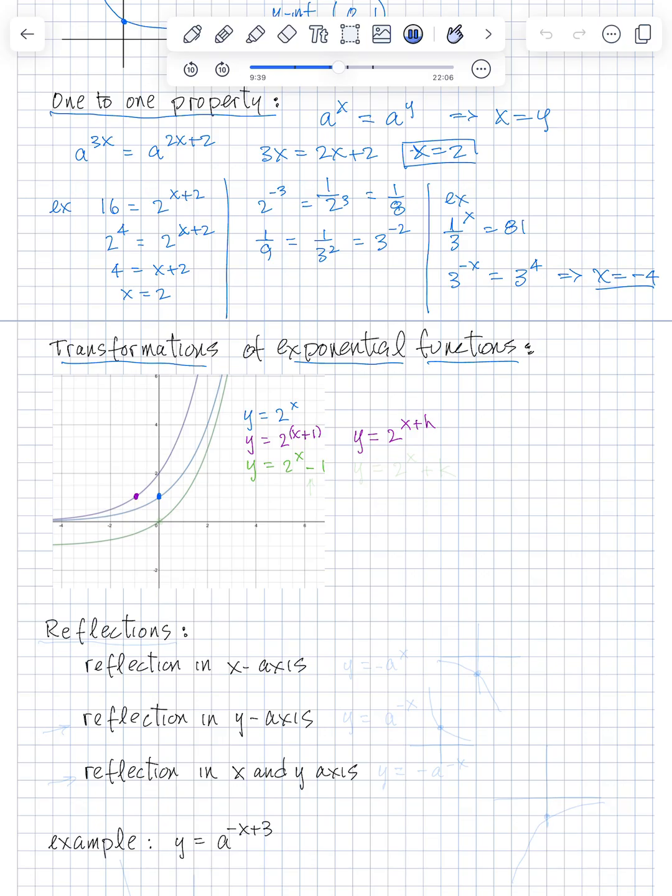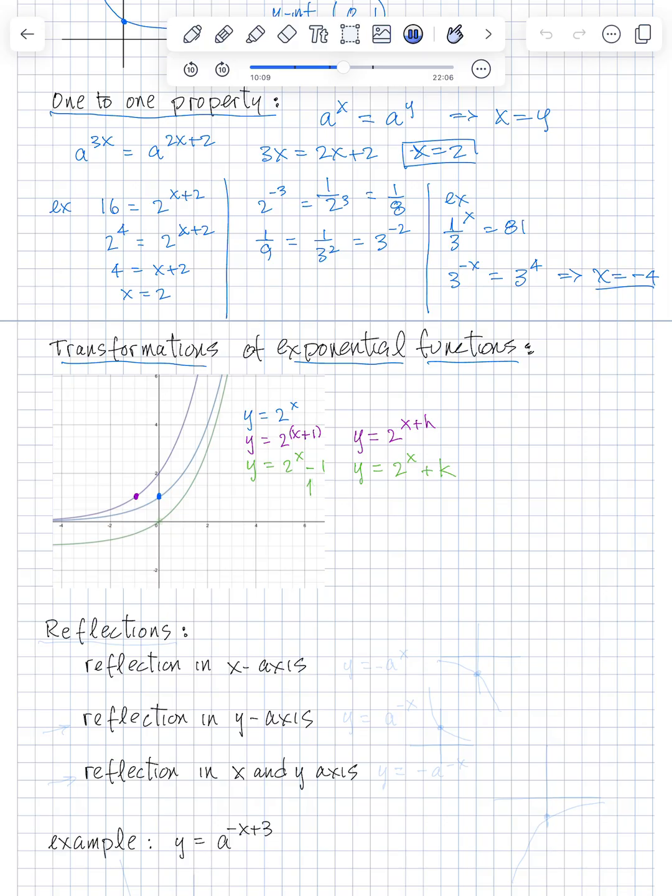This is what we're doing, shifting this intercept either right or left, up or down. The curve looks the same if we put the intercepts at the same spots. So now let's look at the green one. The green one is y is equal to 2 to the x minus 1. That's the form y is equal to 2 to the x plus k.